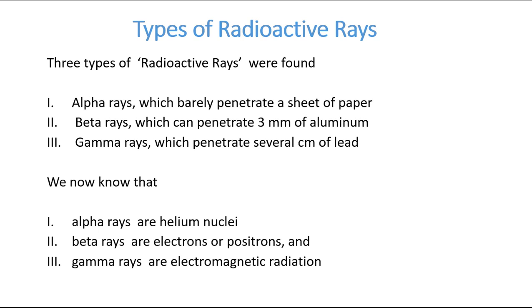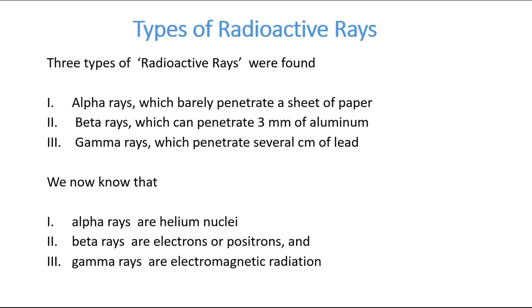Radioactive rays can be of three types: alpha rays, beta rays, and gamma rays. In this lecture we will understand their basic phenomena. Alpha rays are basically nuclei of the helium atom, and they are heavy compared to beta rays and gamma rays.